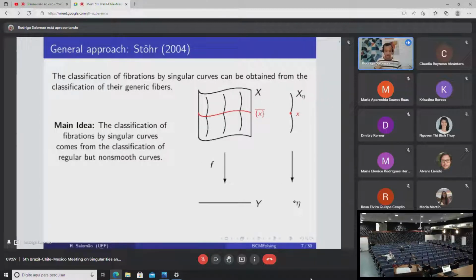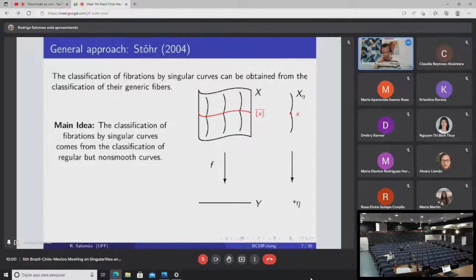where we say that x is a regular point when its local ring is regular, and we say that x is non-smooth when there are singular points on the base extension of the generic fiber to the algebraic closure of its field of constants.